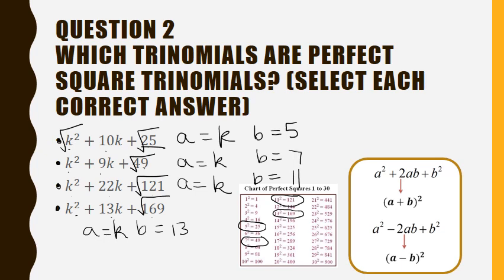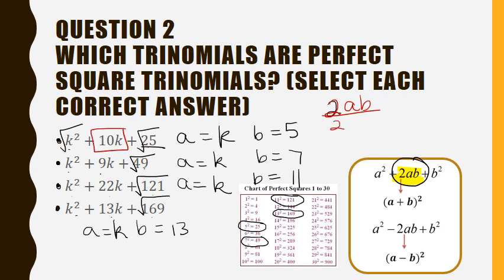And now we have to test. Okay, now remember that the middle term, so this term right here, this is what we want to test to see if it makes sense for each of these problems. So we want to take 2AB and we want to check to see if it actually equals this middle term right here.